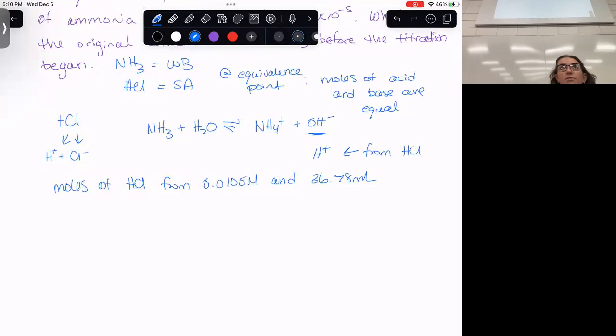What's our unit for molarity? Moles over liter. So if we have 36.78 mL, we can say that 1,000 milliliters is 1 liter. Then we have 0.0105 moles over 1 liter.